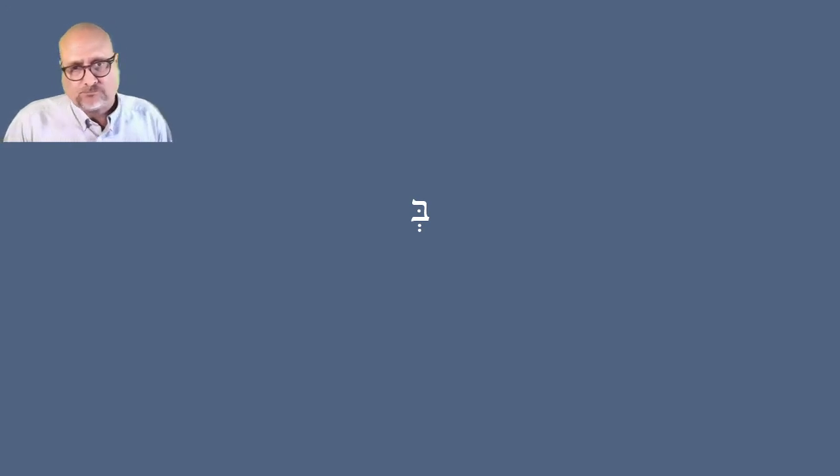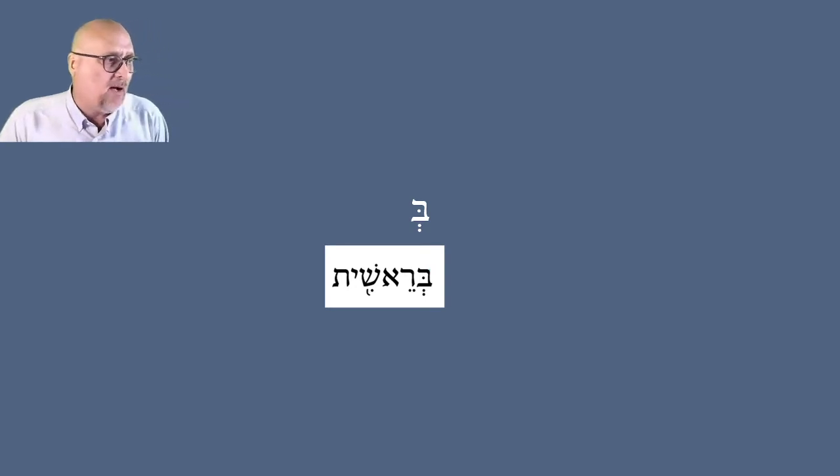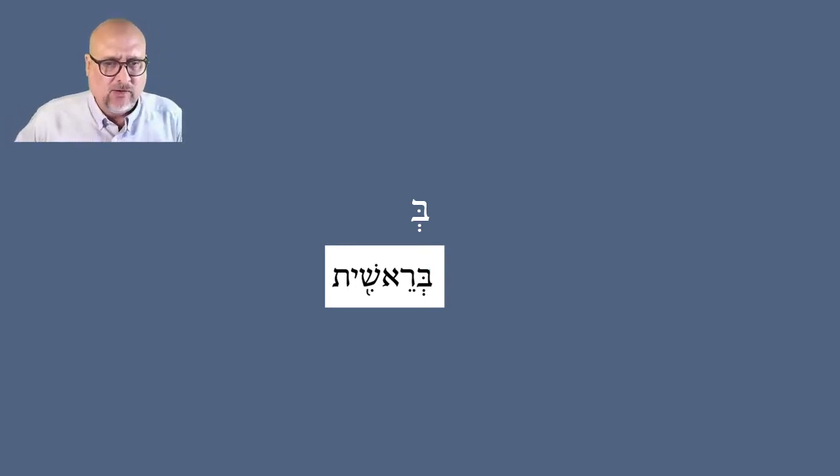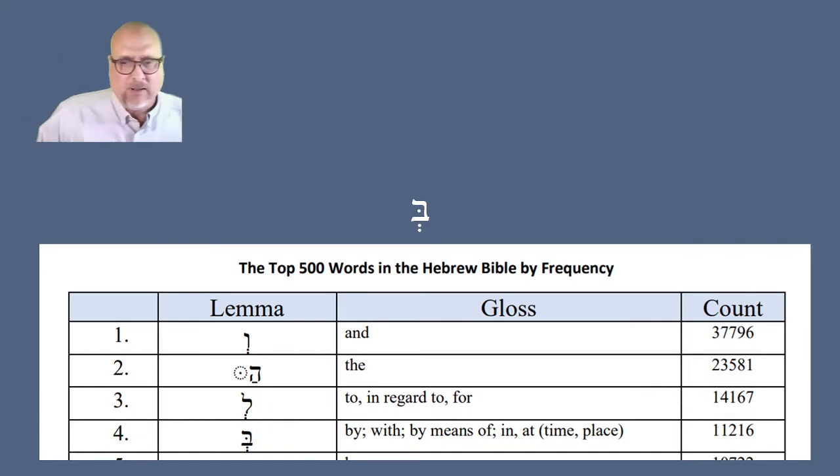Be means in. It's joined to the front of the word. It's actually the first word in the Hebrew Bible. Bereshit. So Reshit means beginning, and Be is in, so this is in beginning. Added to the front of the word, it appears 11,000 times.